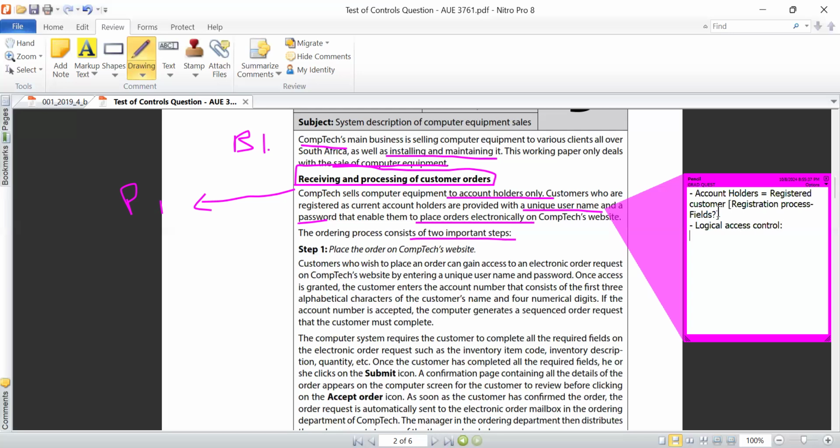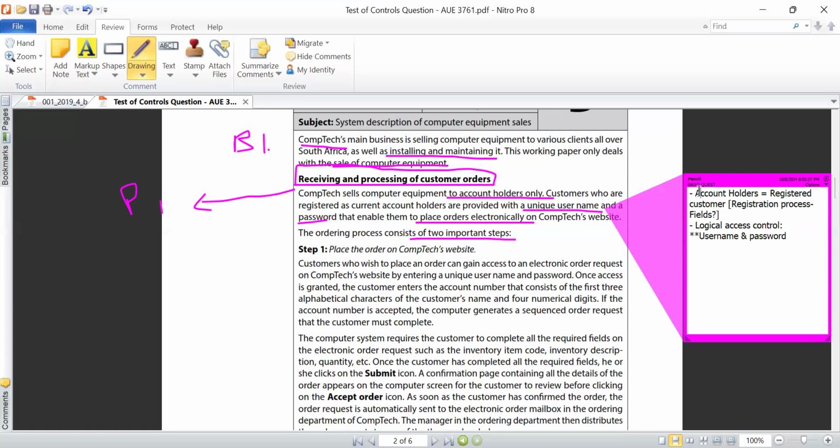Why logical access? Because I noticed they mentioned a username and a password that one needs to have to access the order platform on CompTech's website. So there's a username and password that one needs to use in order to gain access. So what am I doing?